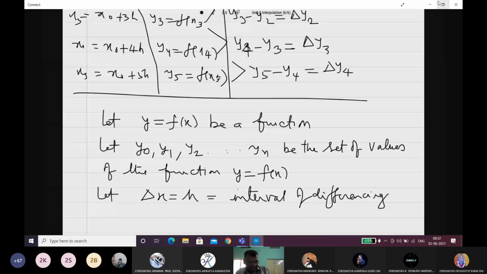We denote the small increment in x. Let h be the small increment in x.